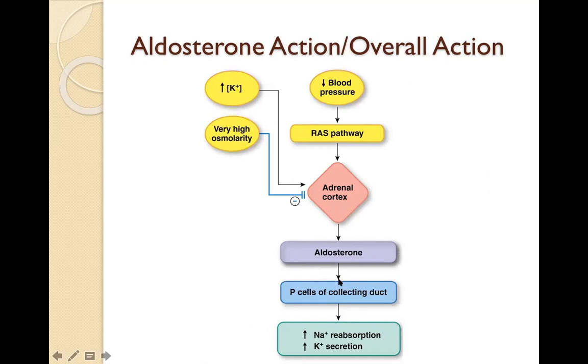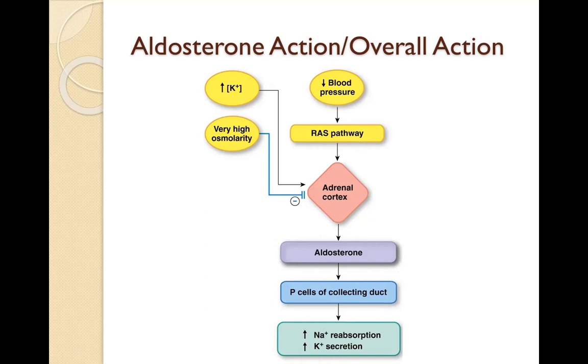That will act on the distal nephron, mostly the collecting duct cells, but also the distal convoluted tubule, and will allow for sodium reabsorption and potassium secretion. Low blood pressure will activate the RAS pathway. It will stimulate the adrenal cortex and will have the same effect. Aldosterone acts on the distal nephron and will allow for sodium reabsorption and potassium secretion.